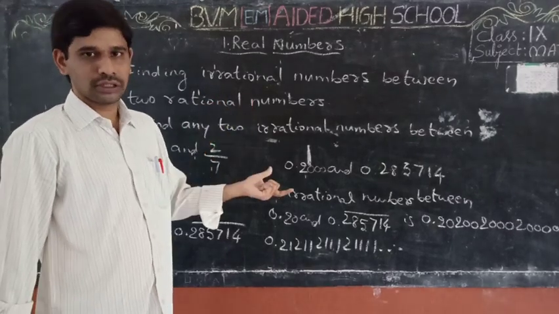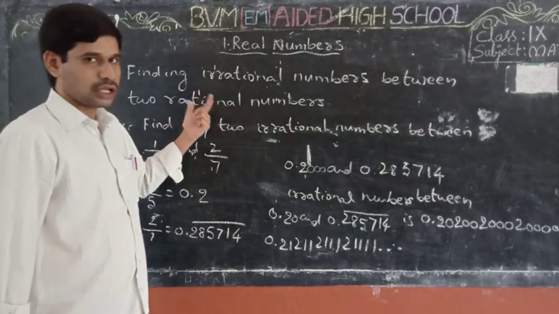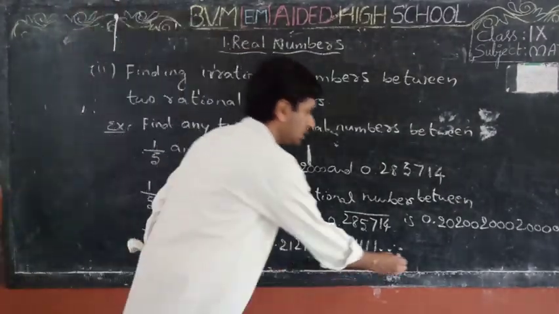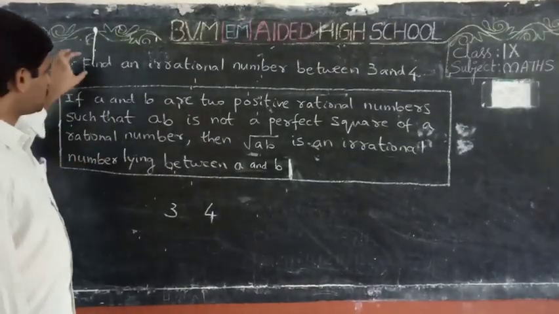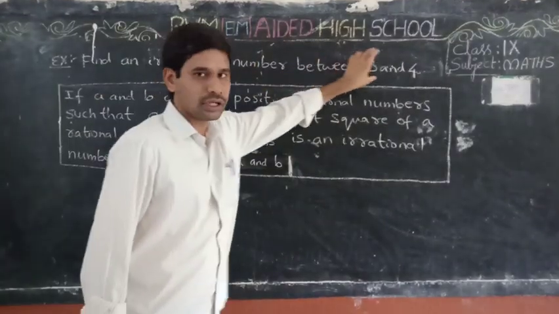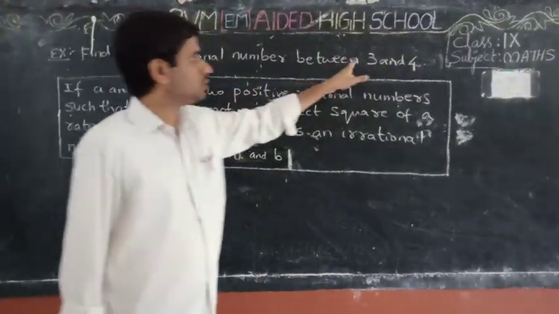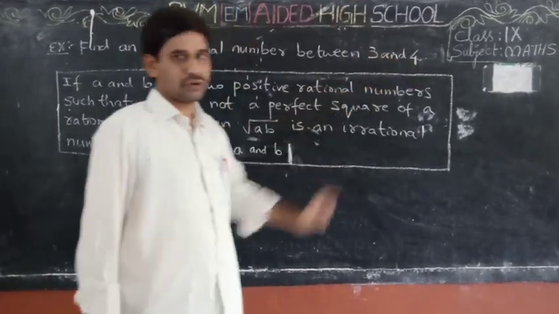There is another method to find any number of irrational numbers between two rational numbers. Let us go for that method. So next example, find an irrational number between 3 and 4. We have to find an irrational number between two integers, 3 and 4.